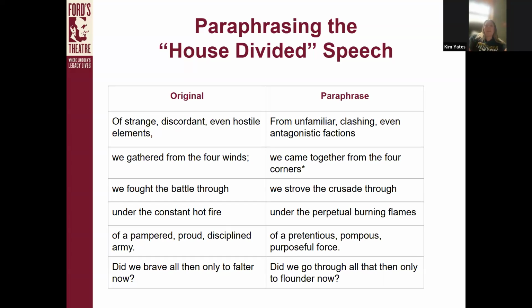Or if there's alliteration, we want to find ways to keep that alliteration there, because speeches aren't just about the words on the page, they're also about the way they come across when they're read out loud. So in paraphrasing, it would be really important for students to read it out loud to see if it sounds the way they want it to sound. Yes, I love that. Anything else?